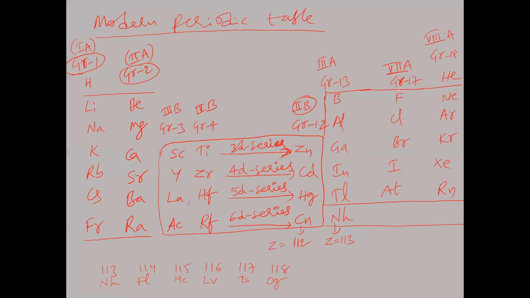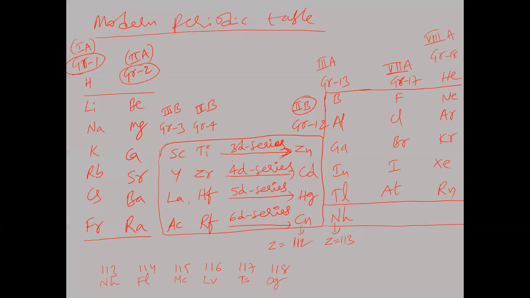Because in the P subshell there are 3 orbitals: Px, Py, Pz. In the 3 orbitals of the P subshell, how many electrons can be accommodated at maximum? 6 electrons. Therefore, how many groups in P block? 6 groups.